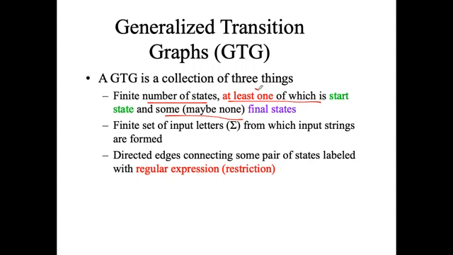Here it's important to pay attention to this at least one. It means there may be more than one start states. Then finite set of input letters, and then directed edges connected some pair of states labeled with regular expression. And it's actually not a relaxation but a restriction.